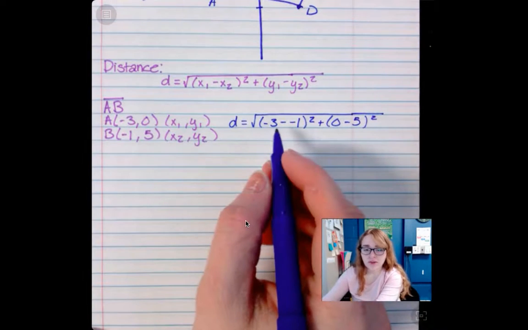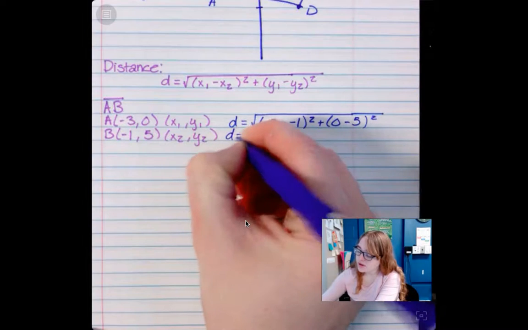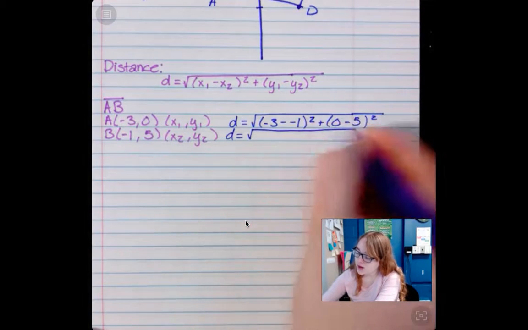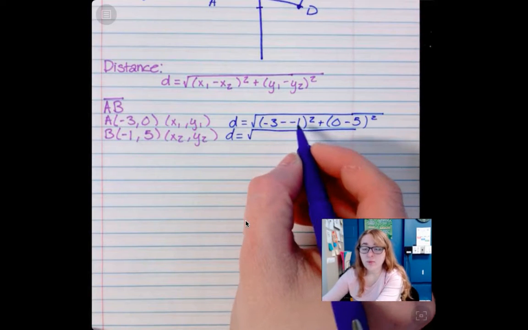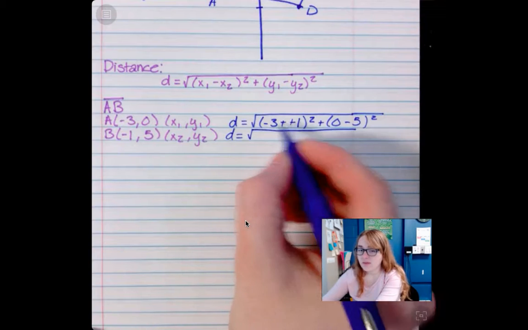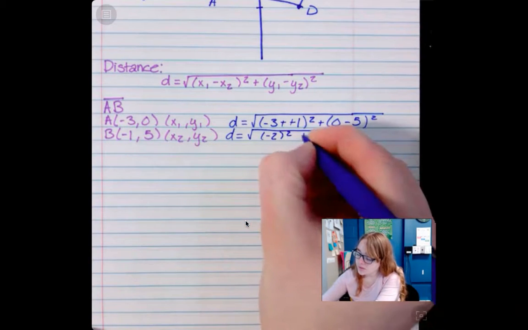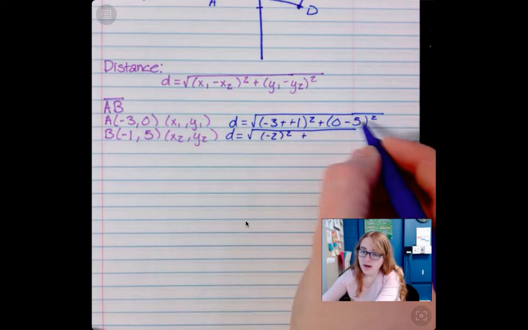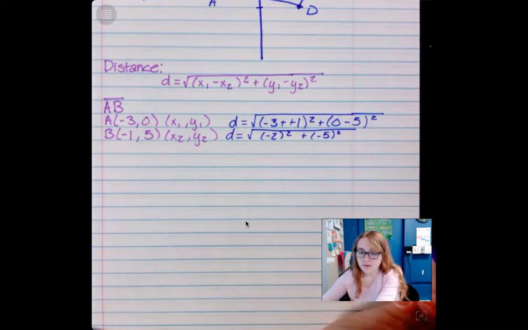Okay, so we're going to solve the things inside the parentheses before we square them. So I'm just copying everything down. D equals the square root of -3 minus a -1. Remember, when we subtract a negative, we're really adding a positive. So -3 plus 1 will give us -2 squared. And then 0 minus 5 is going to give us -5 squared.